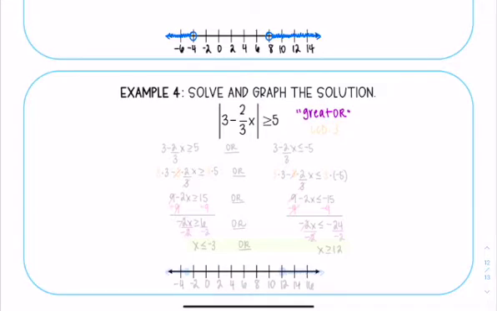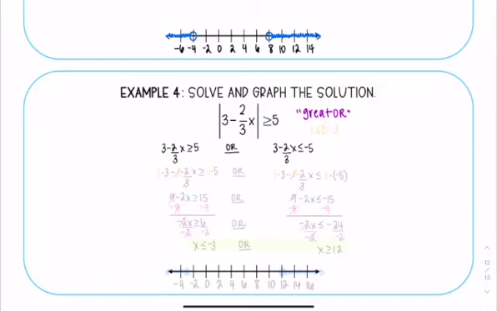And so let's set up our two inequalities. We have 3 minus 2/3 x is greater than or equal to 5, or we have 3 minus 2/3 x is less than or equal to negative 5.